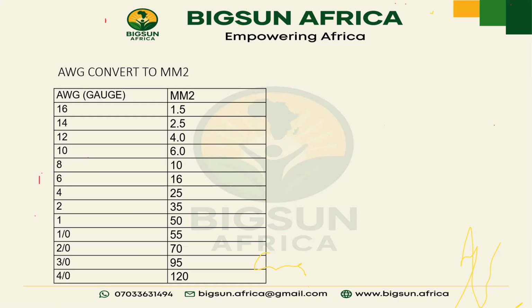Which is reasonable, because when we did this calculation before on the 12-volt system, we required more than 120 mm of cable. So the more voltage you have, the fewer mm we are going to have, because less current, less resistance.